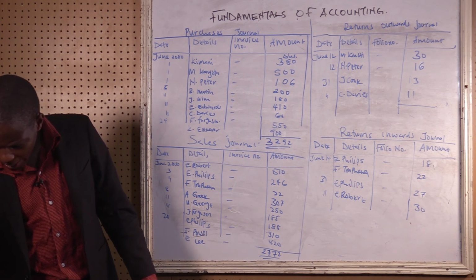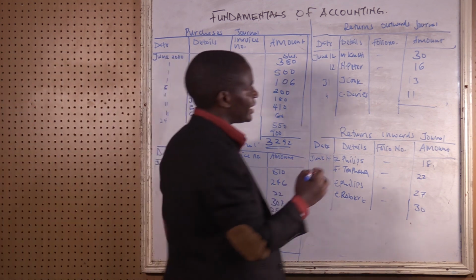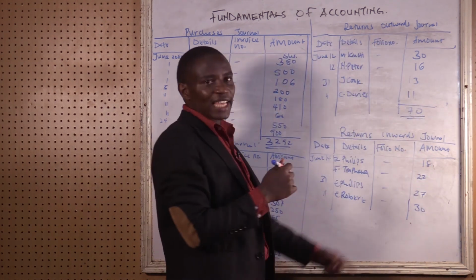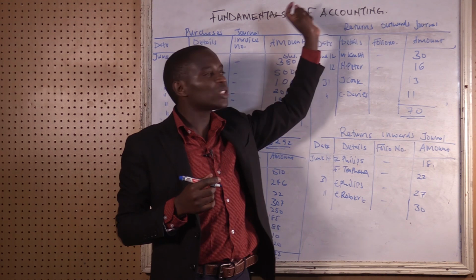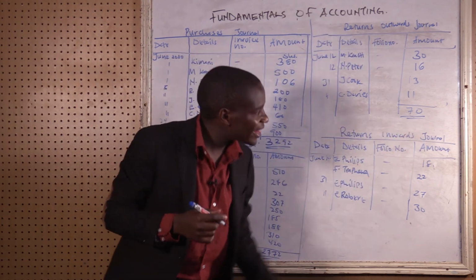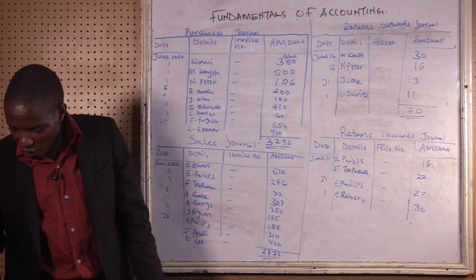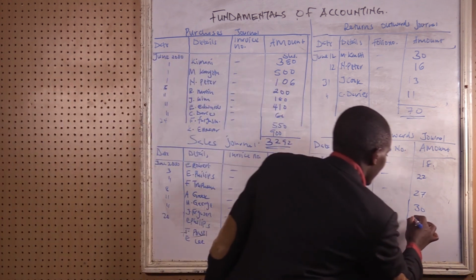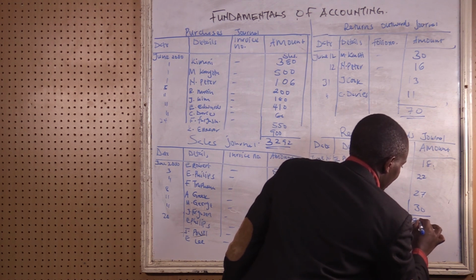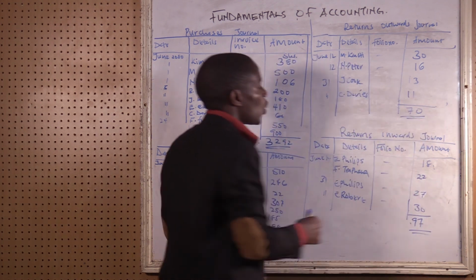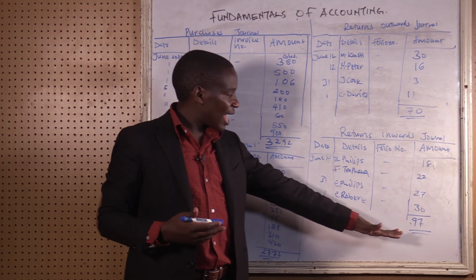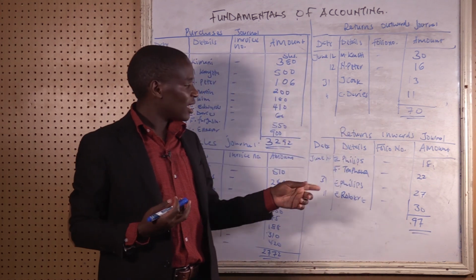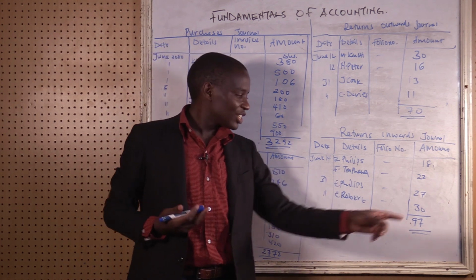Using my calculator, I'm getting 70. So all the returns outwards, returns on purchases, were worth 70 shillings. For returns inwards, after adding everything, I'm getting 97 shillings. So all the goods that were returned into the business were worth 97 shillings.